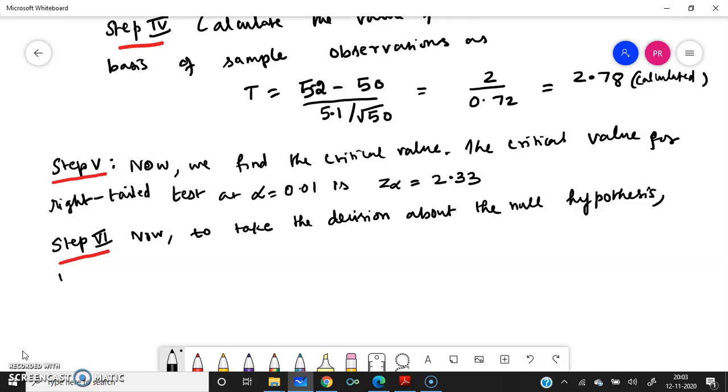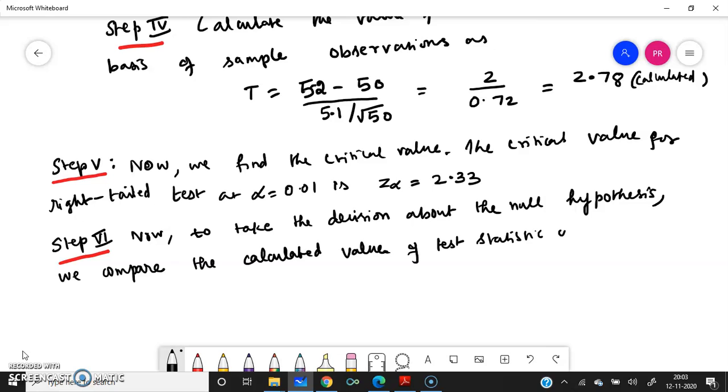Okay, we compare the calculated value of the test statistic with the critical value. Critical value is nothing but our table value, right?